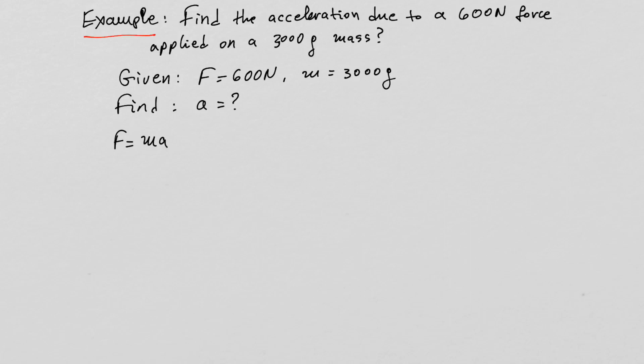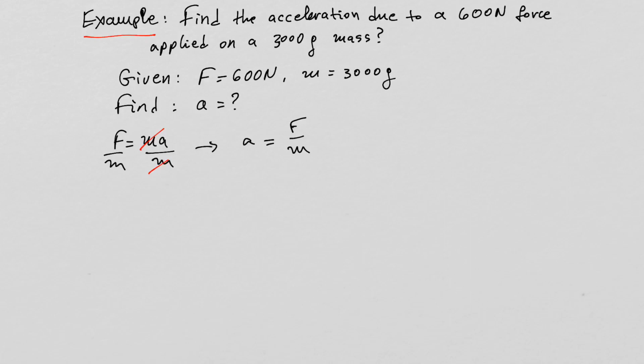So since the mass is multiplying here on the right side, in order to isolate the acceleration, I would divide by the mass on both sides. So the mass on the right side is in the numerator and denominator, so that will cancel out. And so now the formula for calculating the acceleration becomes A is equal to F divided by M.